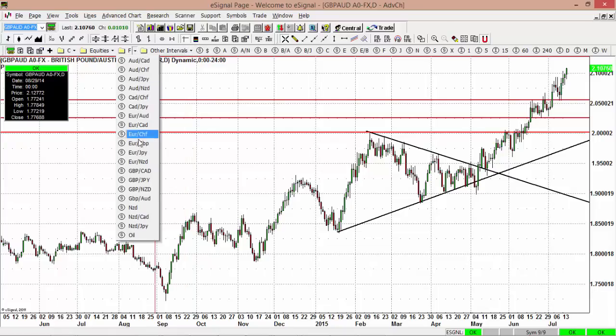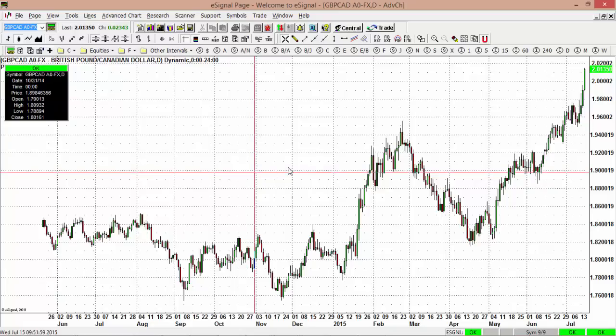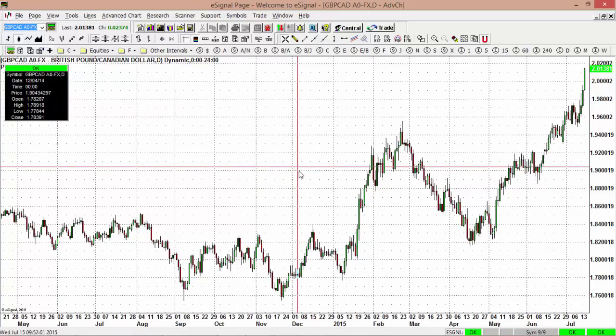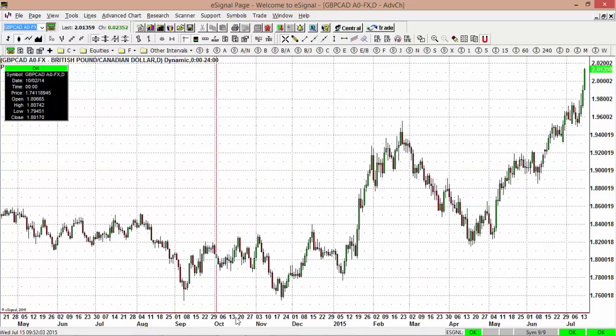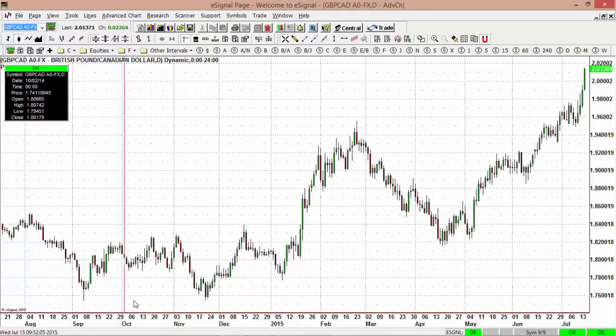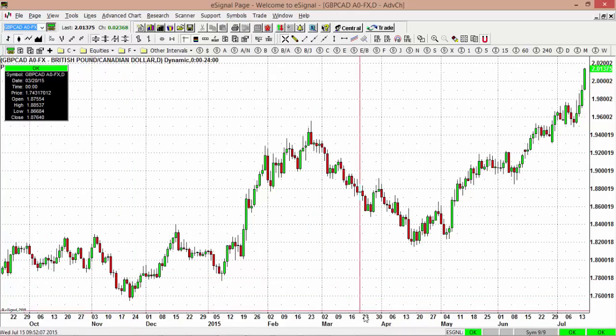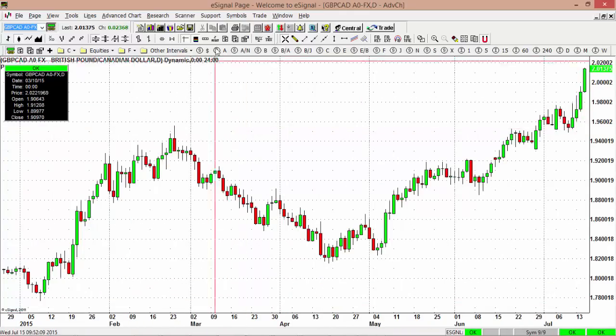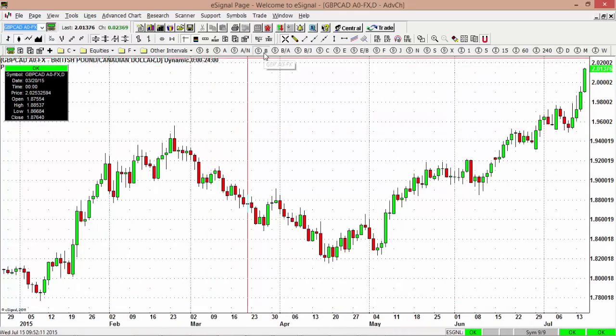Taking a look at the British pound versus the Canadian dollar, making a new high again today. This is a very strong trend that is happening here in the markets. So the relative strength of the British pound is prevalent in the market.